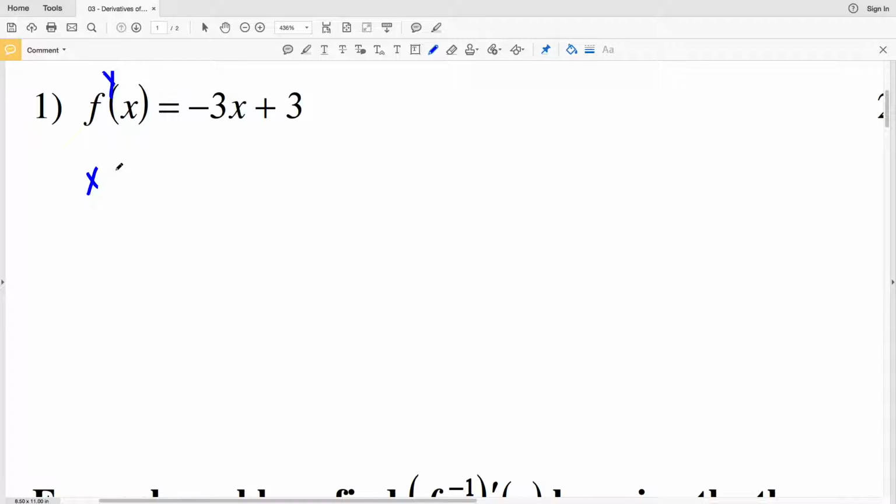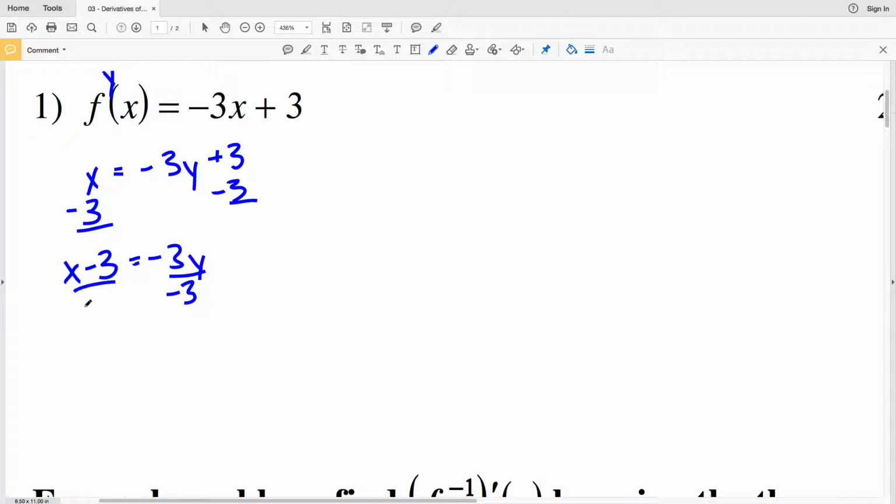So we'll have x equal to negative 3y plus 3. I'll subtract 3 from both sides to get x minus 3 equal to negative 3y, and then I'll divide by negative 3 to get negative (x minus 3) over 3 equal to y.